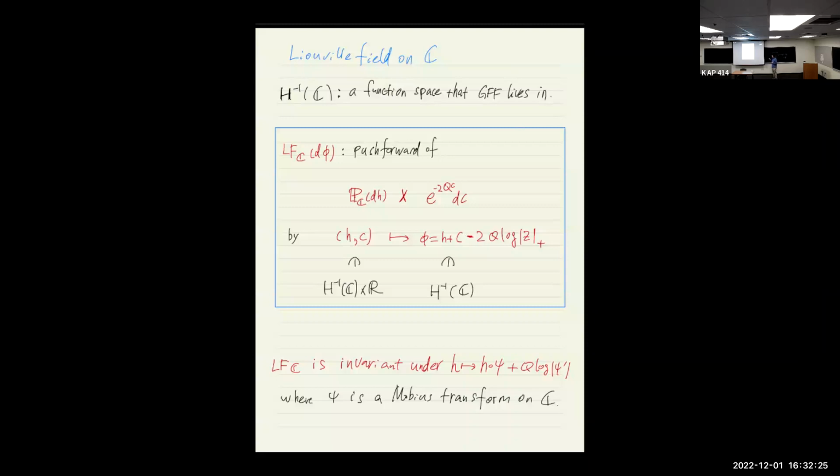And the Gaussian free field by itself on this complex sphere cannot be conformally invariant because the conformal group of the sphere is an infinite group. And if you want something to be Mobius invariant, it has to have an infinite measure. It's kind of like if you want a translation invariant measure on the line, it has to be Lebesgue measure, which is infinite. And similarly, if you want some conformally invariant random function, it cannot be a probability measure.